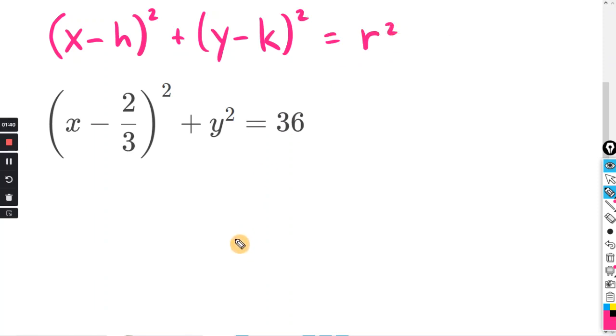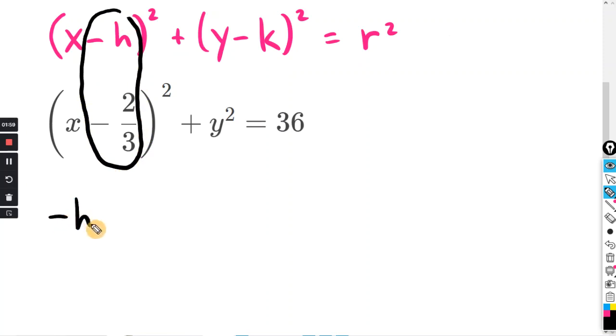Now, as you can see, we have negative h and negative k. So, if you match up negative h right there, we can see that negative h is negative 2/3.